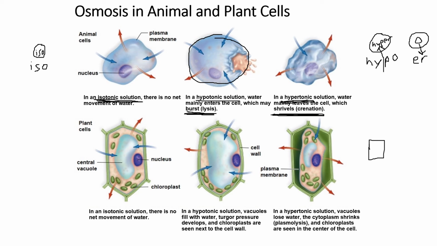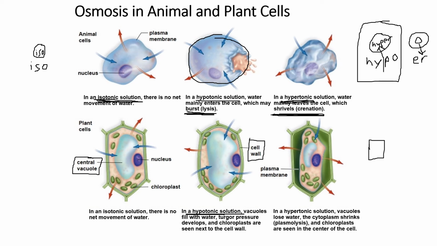Plants are a little different, and it's mostly due to two structures, the central vacuole and the cell wall. Because of this, they can handle a hypotonic solution. So remember, in the animal cell, in a hypotonic solution, water entered our cell, the cell swelled up.